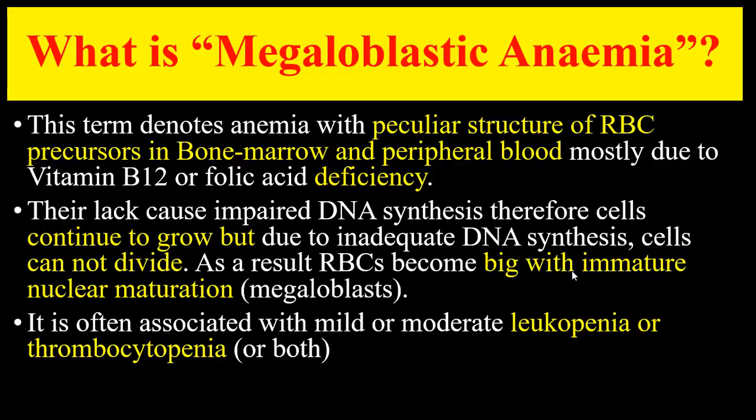As the name suggests, megaloblast is a big RBC without a mature nucleus, or with an immature nucleus. The immature nucleus is because the RBC, though it continues to grow, cannot divide because DNA synthesis is impaired, and this DNA synthesis is impaired because of the lack of the raw materials for DNA synthesis, vitamin B12 and folic acid.